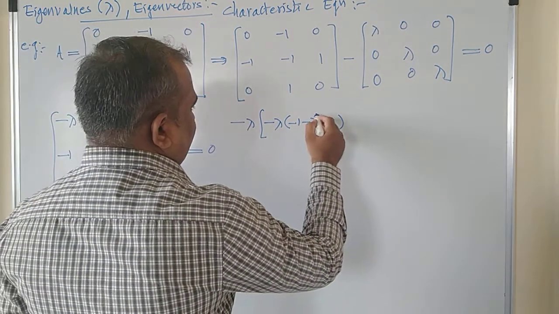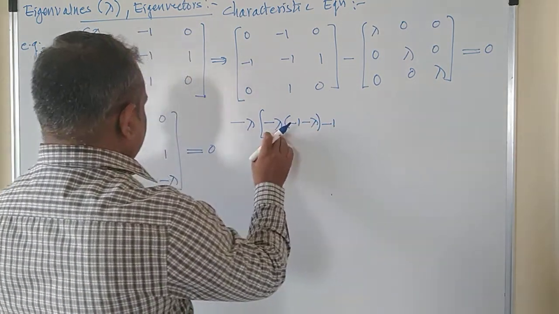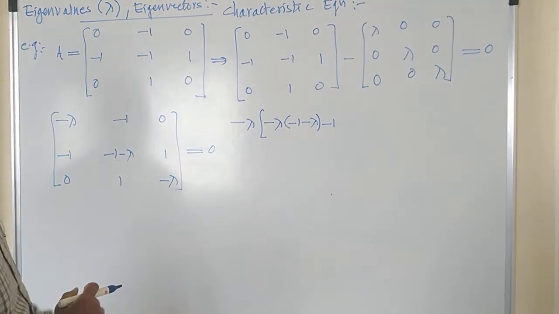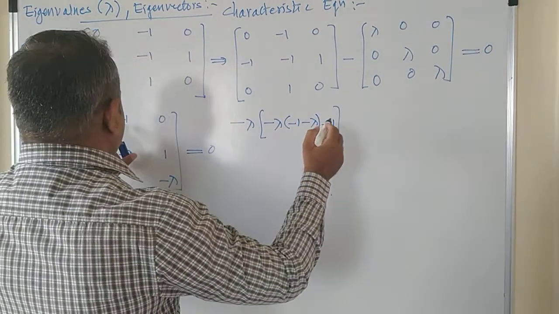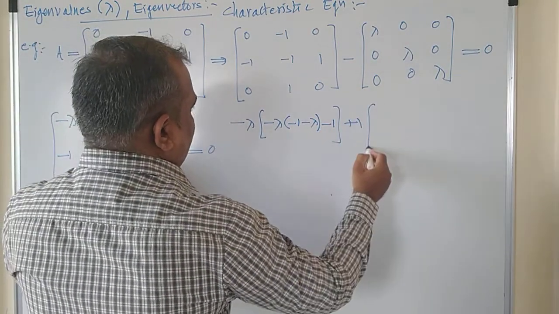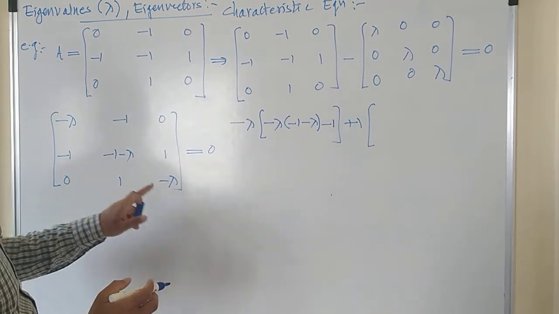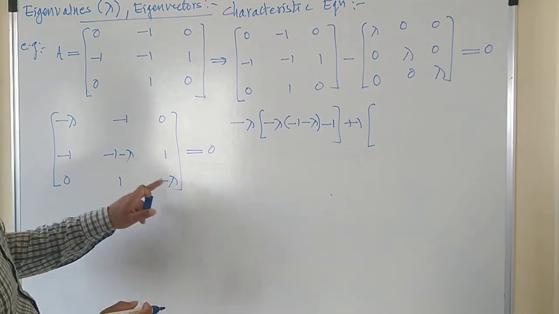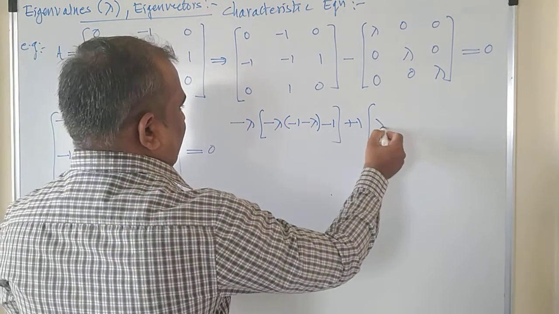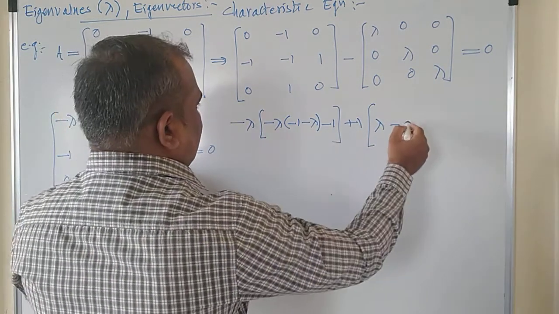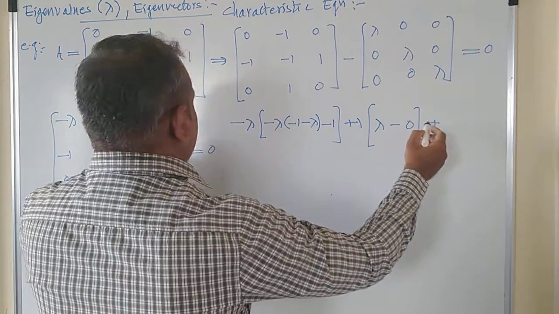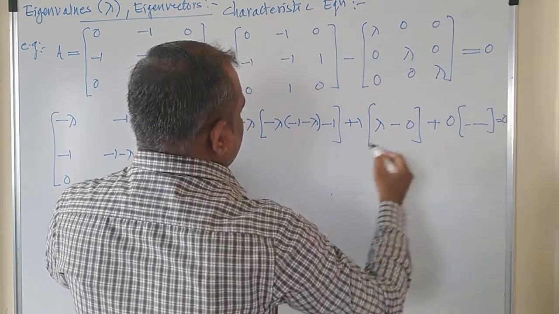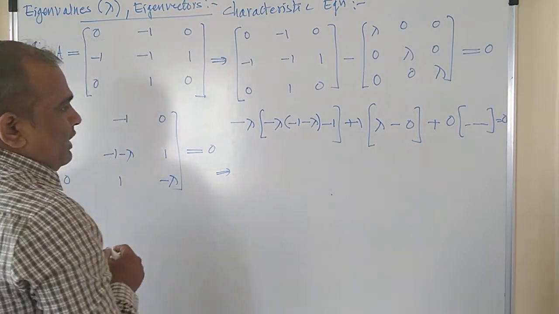So I should write this this way: this minus lambda is multiplied to this and minus times 1. That's okay. Minus minus will be plus 1 into this minus this. The multiplication of minus 1 and minus lambda will be lambda minus 0, plus the last element, 0 into anything is 0, equals 0.